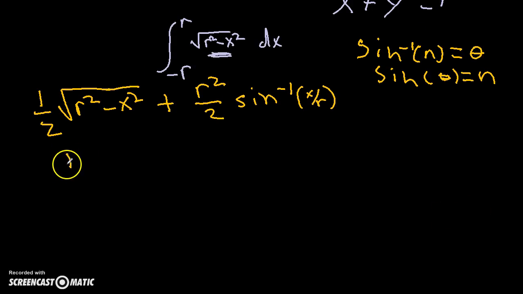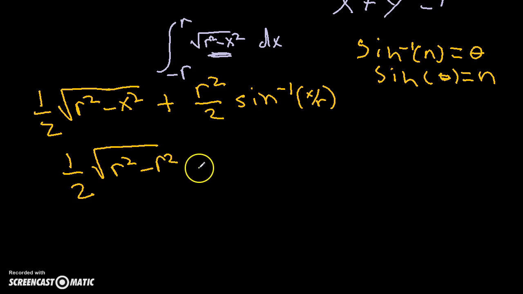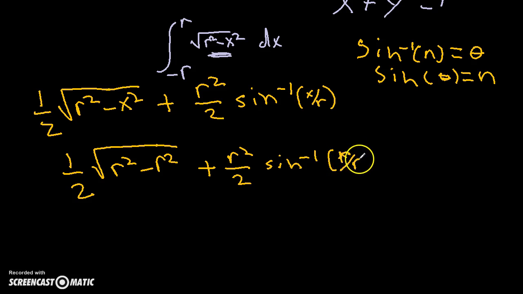Okay, so let's plug in 1/2 times the square root of r squared minus, we plug in r for x, so it's minus r squared, plus r squared over 2 times the inverse sine of r over r, because we plugged it in, and that's just going to cancel out to equal 1.